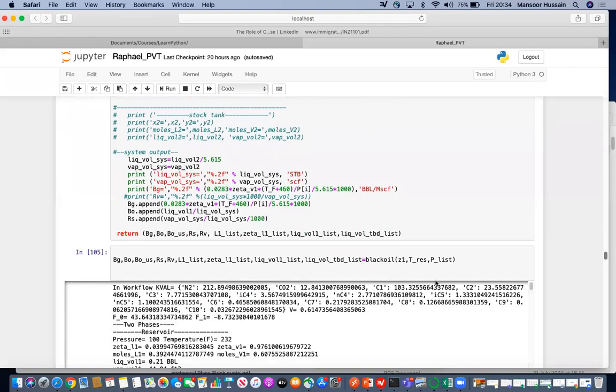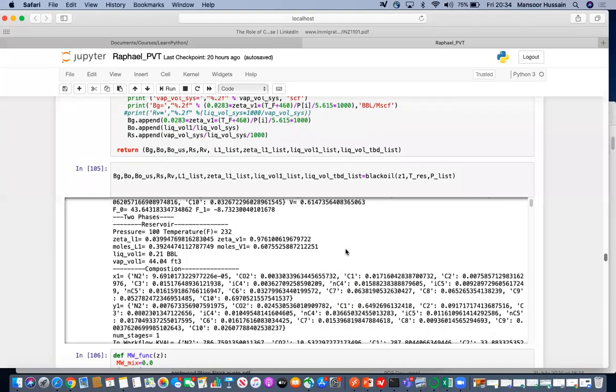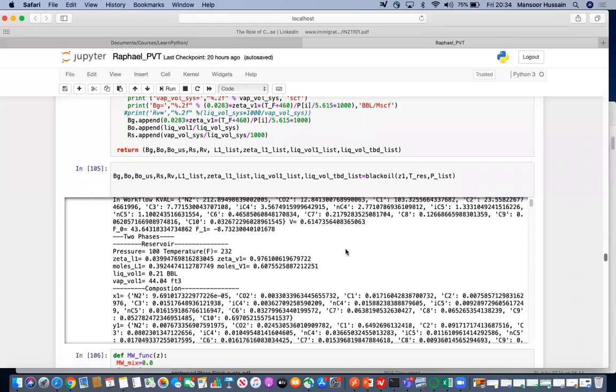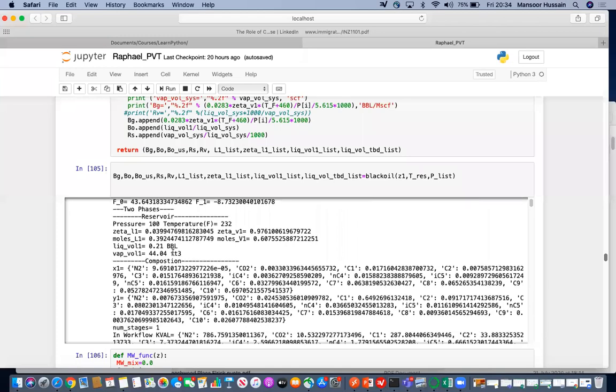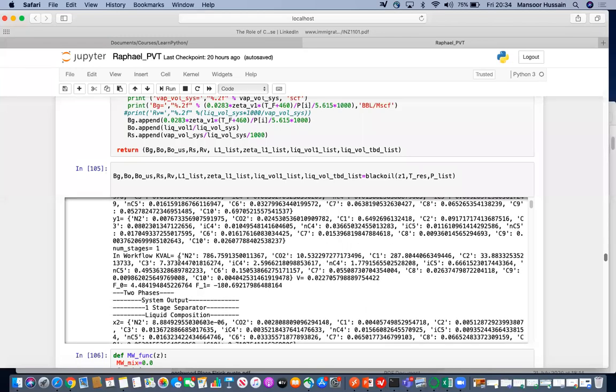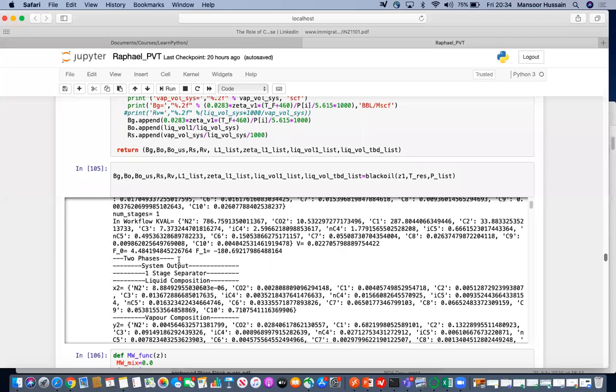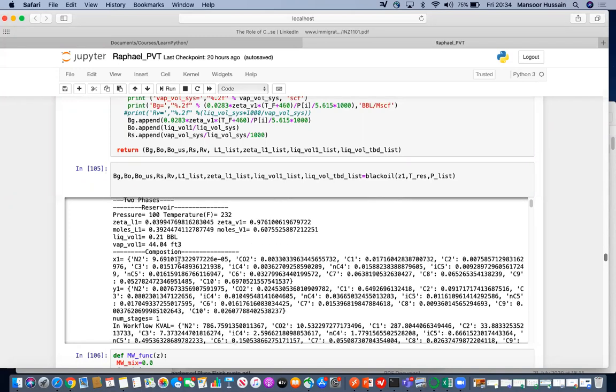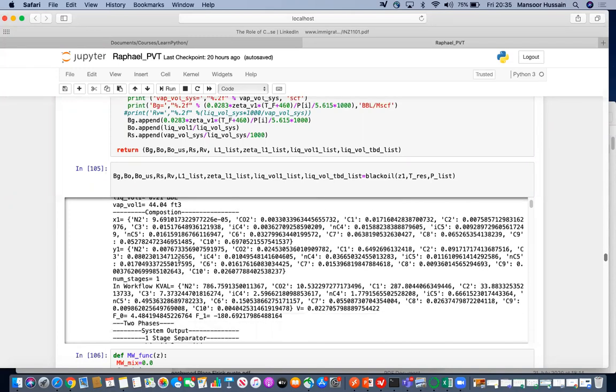Once you execute this function, it will write out lots of details which may be hard to read, but it's sometimes good. Just follow the headings, and it will guide you, because it's showing you the reservoir pressure, temperature, compositions at each stage, and the liquid volume and vapor volume at each stage.